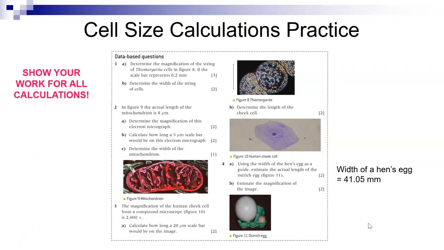The next task that you are going to do with your partner is you are going to work through these problems that are on this sheet. You should already have a paper copy of this sheet. If for some reason you don't, you can access it on Canvas. It just makes it a little bit trickier to do the measurements if you don't have a paper copy in front of you. Notice in bright pink up here it says show your work for all calculations.